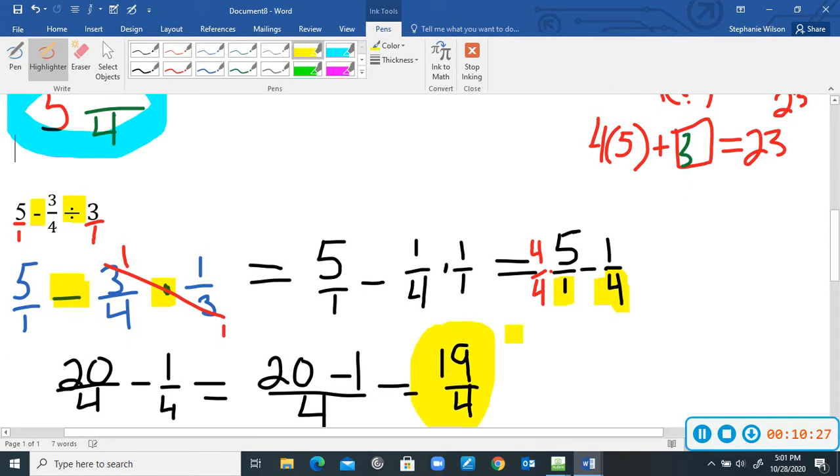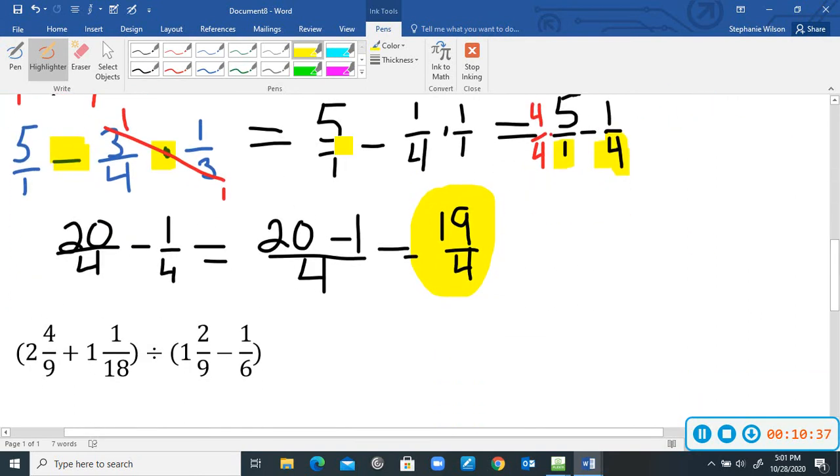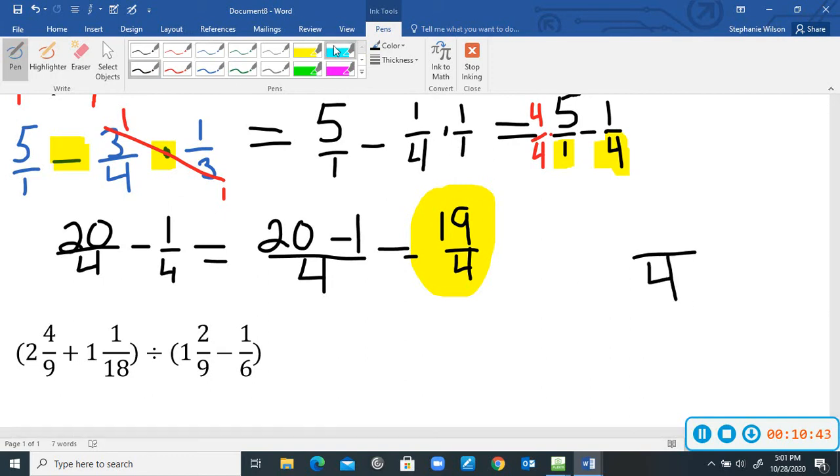It is an improper fraction. So I'm going to write it as a mixed number just for practice for y'all. If I write it as a mixed number, I know that the denominator does not change. I ask myself, 4 times what will get me close to 19? Well, I know that 4 times 4 is 16.